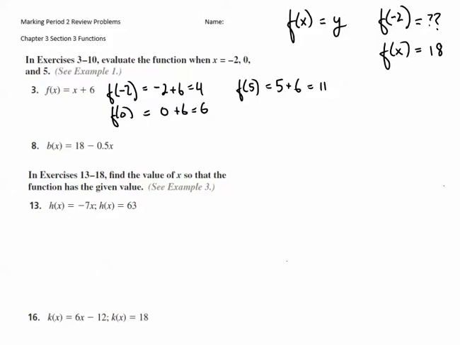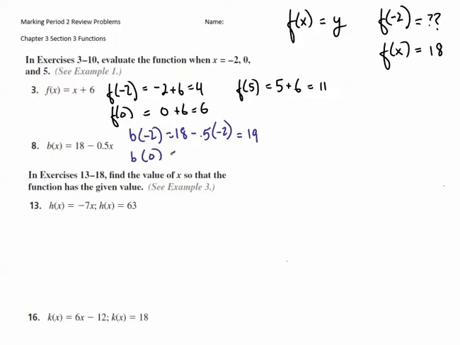So b of -2 means 18 minus 0.5 times -2. Half of -2, that's -0.5 times -2, is -1, so 18 minus 0.5 times -2 is 18 plus 1, which is 19.